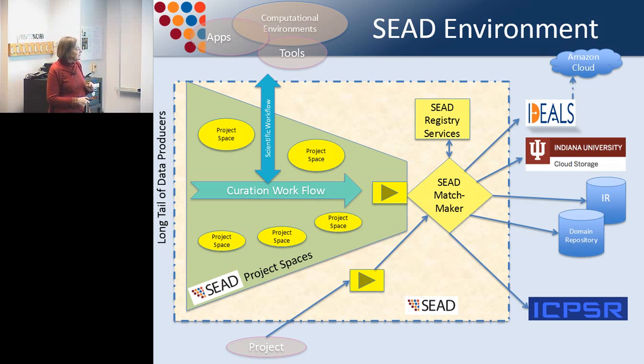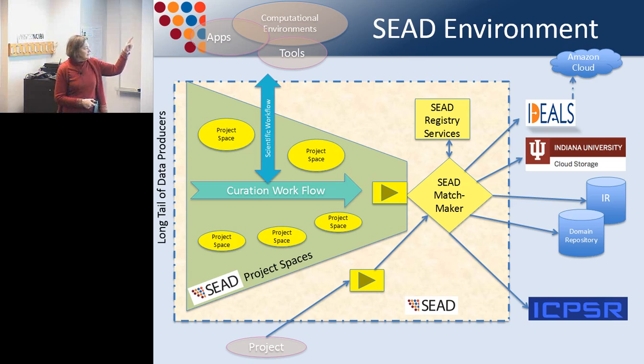And then the matchmaker provides, at this point, it's not an automatic thing, but it provides you as a researcher with options for which repository to put your data in. And for example, being HIPAA compliant could well be one of a researcher's requirements.